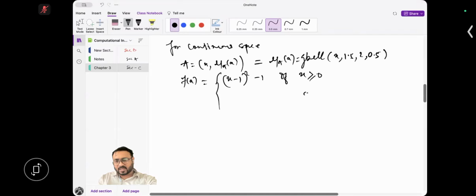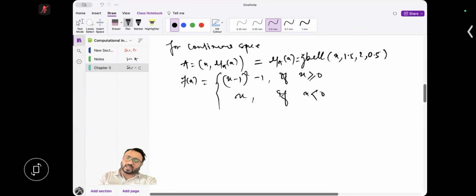If x is less than 0, I will directly find only x. जब तक वो लेस देन जीरो है, नेगेटिव नंबर है, एज इट इज रहेगा. जब पॉजिटिव नंबर बनेगा तब इक्वेशन ग्रो करेगा, लाइक दिस इक्वेशन x minus 1 to the power 2 minus 1 in this format.